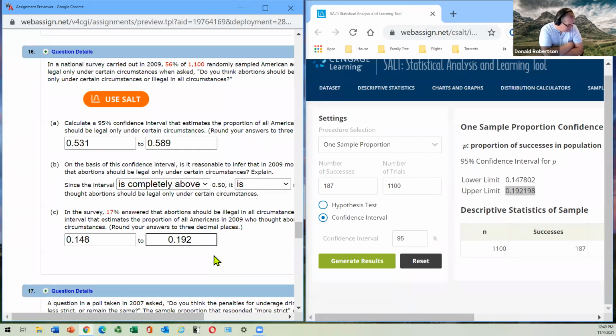Would you agree that in this case, it's clearly much smaller, which is reasonable? Couldn't I say less than 20% of Americans are against abortion in every situation? Would that seem reasonable? Why could I say that? Aren't all these numbers less than 0.2?